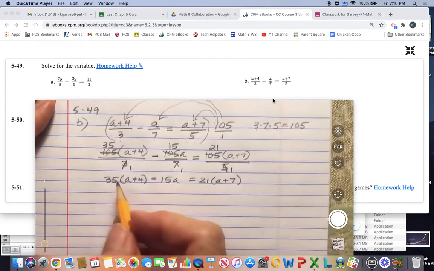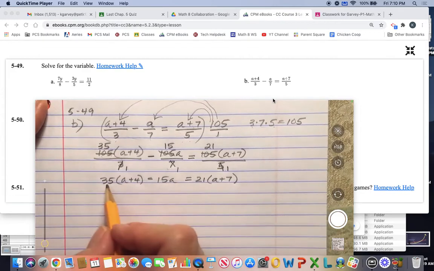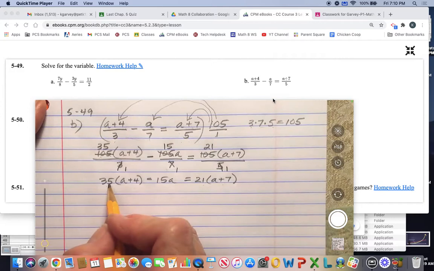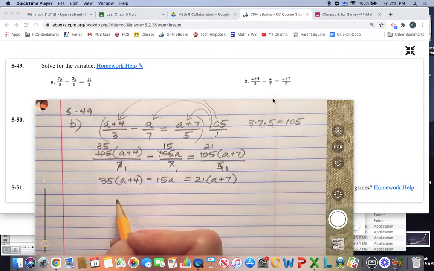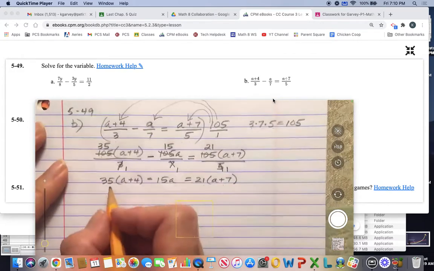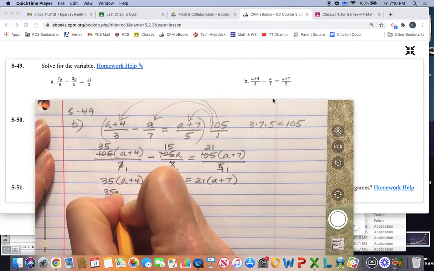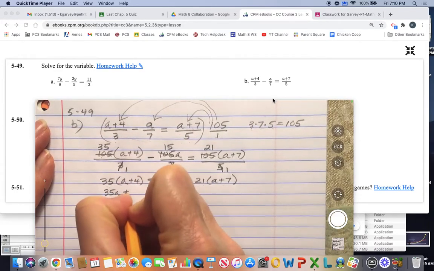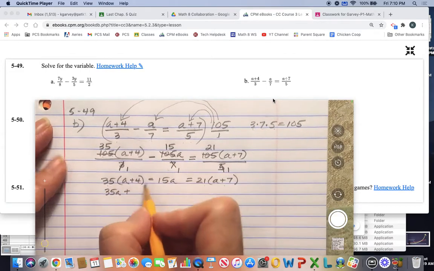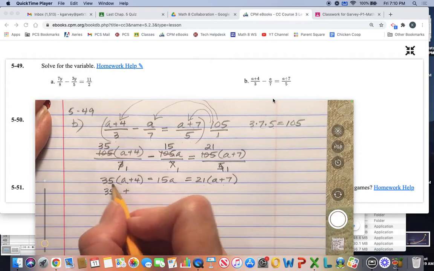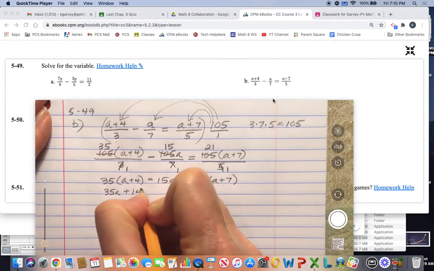Okay. So now we can go ahead and apply the distributive property here to resolve these parentheses. 35 times A is 35A plus 35 times 4. 2 times 35 is 70, and 70 plus 70 is 140.